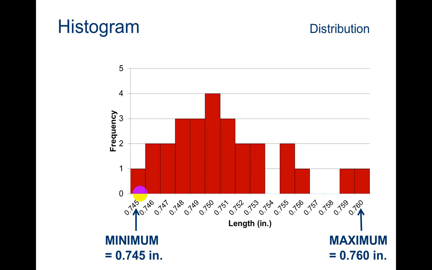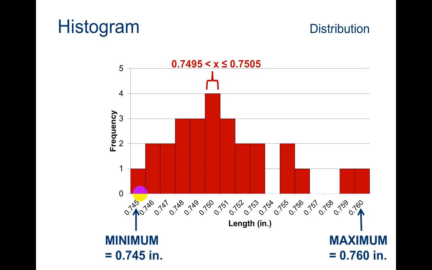Due to the precision of the measurement device, the data are recorded to the thousandth and will therefore correspond to one of the values shown on the axis. The bars are drawn to show the number of parts that have a length within each interval, the frequency of occurrence.